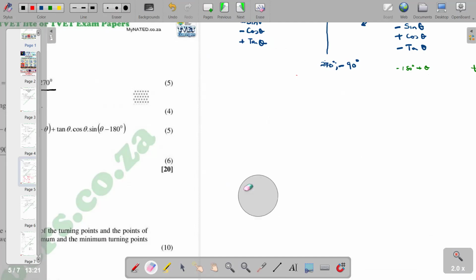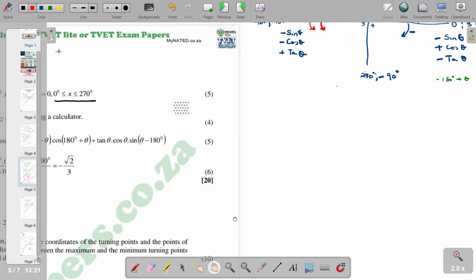Let's create a space there. So if we create space, we are going to have the question for 3.4.